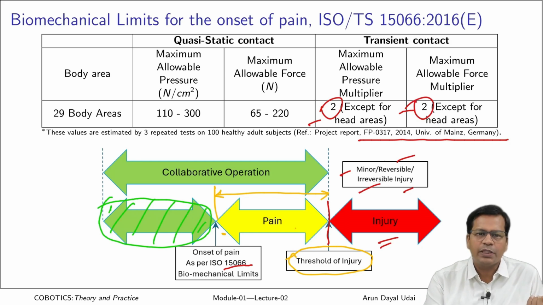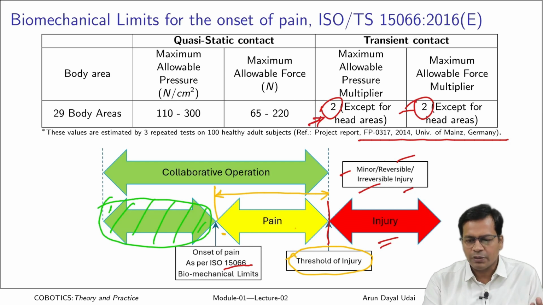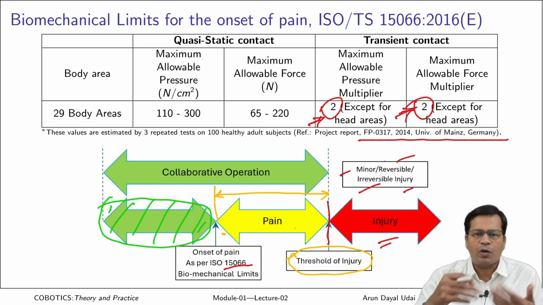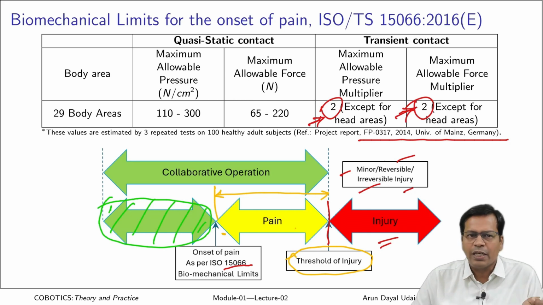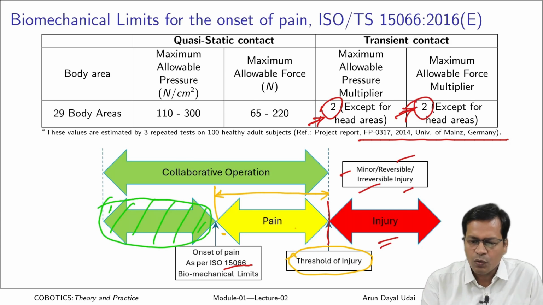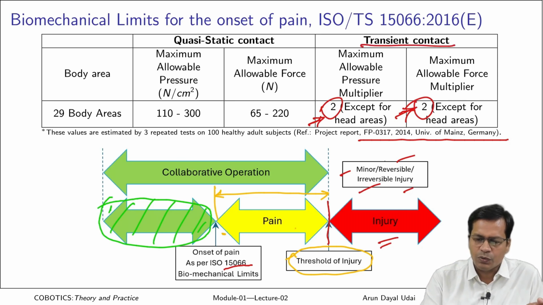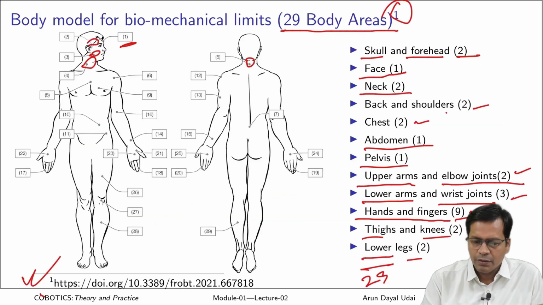Pressure and force limits for transient contacts are established by curves for the onset of pain for various body parts. These are basically conservative values made out of some kind of estimation, and there is no detailed research which was done for these regions. So, these are very conservative values, mind it. Only for the quasi-static contact there are studies which were reported.